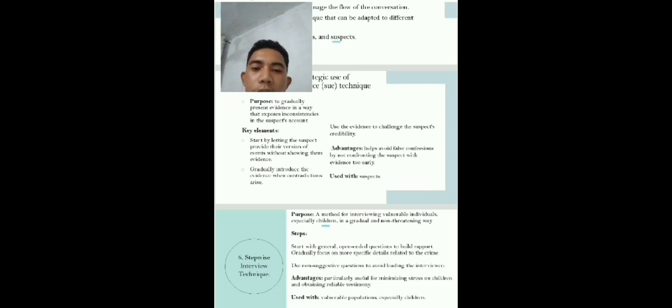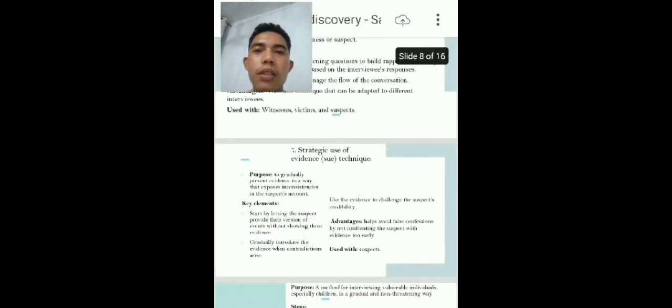The advantage here is it is particularly useful for minimizing stress on children and obtaining reliable testimony. Used with vulnerable populations, especially children. And that's all.